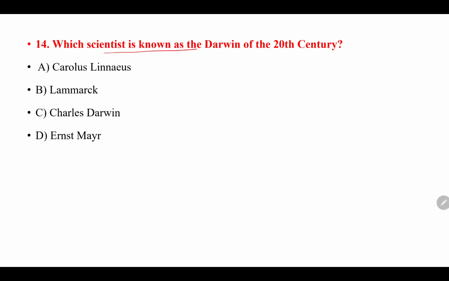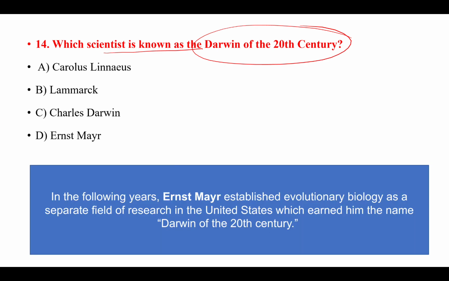Next, which scientist is known as Darwin of the 20th century? See, this question has been repeated many times in many books I have referred to till now. In the following years, Ernst Mayr established evolutionary biology as a separate field, and this earned him the name the Darwin of the 20th century.